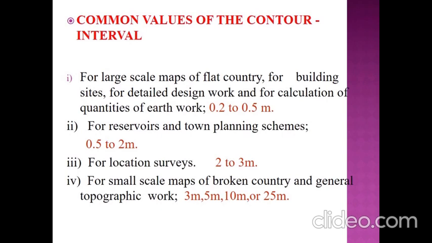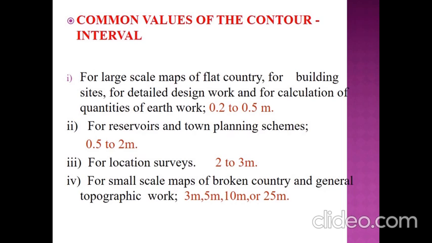So for the larger scale, the map of flat ground for building site, for detailed design work, and for calculation of quantities of earthwork, we can consider 0.2 to 0.5 meter. Then second, for reservoir and town planning scheme, we consider the scale 0.5 to 2 meter.